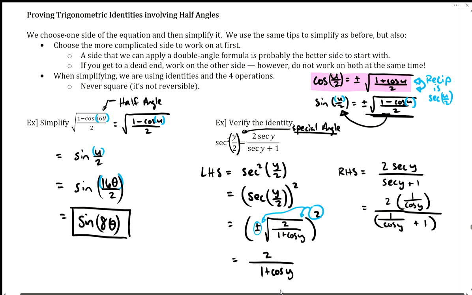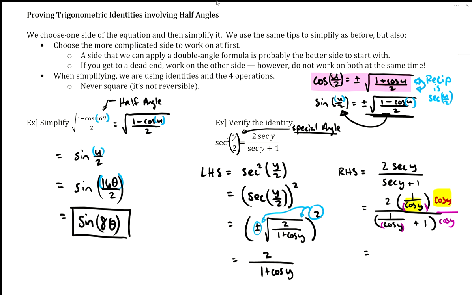Then we can see there's a denominator that's the same, cosine of y. So we should multiply both the top and bottom of this big fraction by cosine of y. As we do that, the bottom distributes. On the top, that cosine of y and that cosine of y cancel.